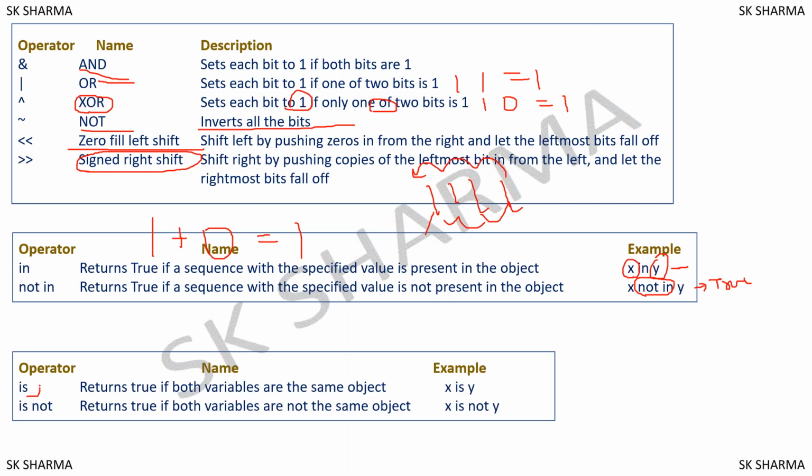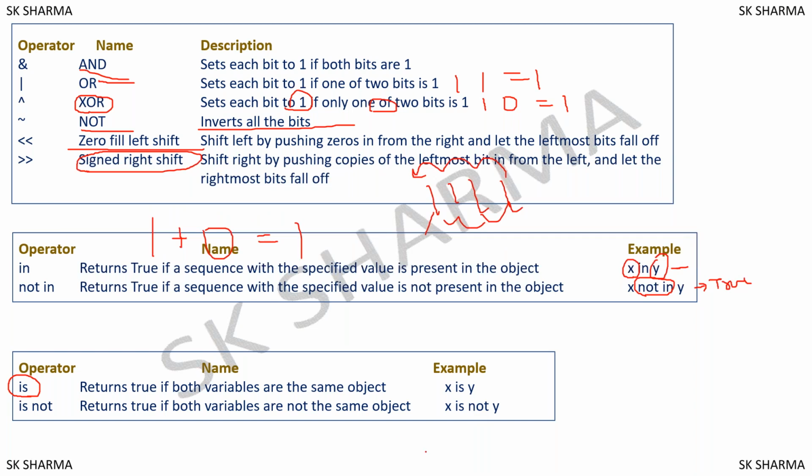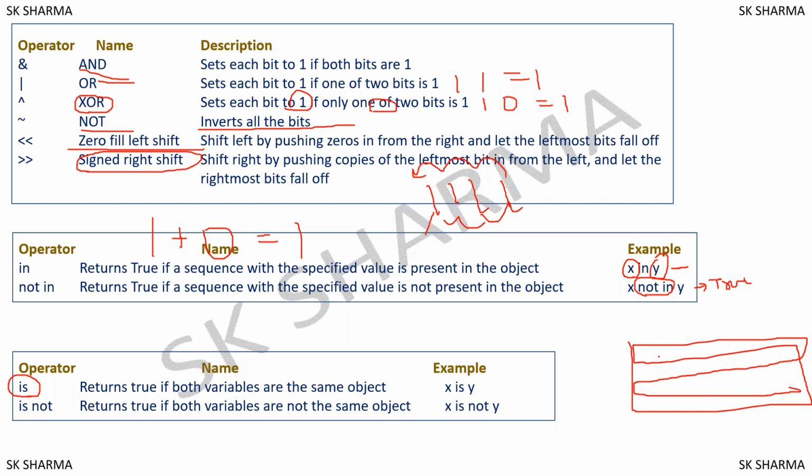Then there is the is operator. This checks whether my two variables are located at the same memory location. That might be a bit confusing. Suppose this is my memory, with many locations.